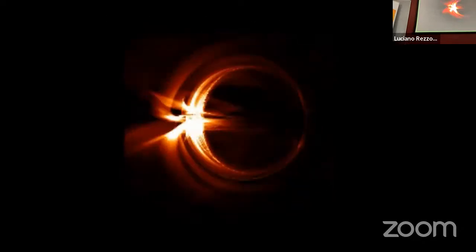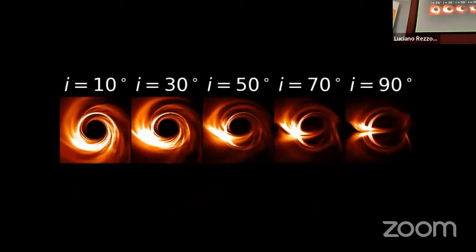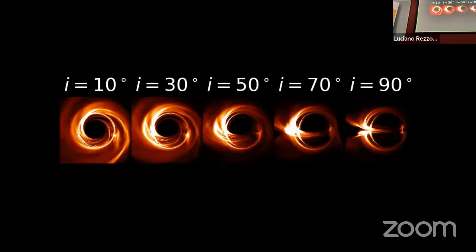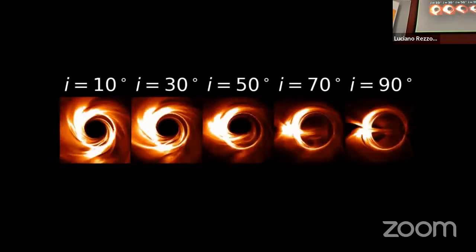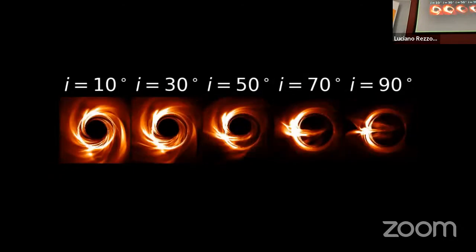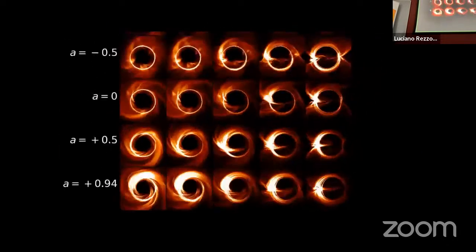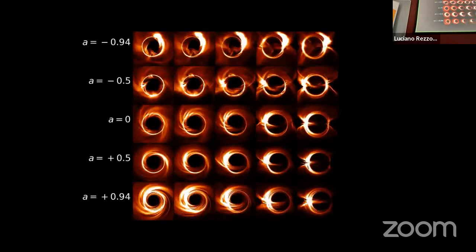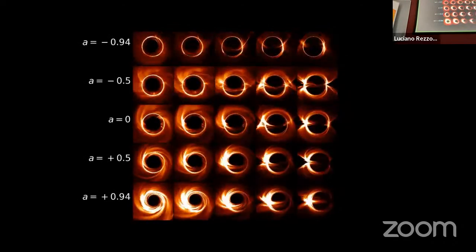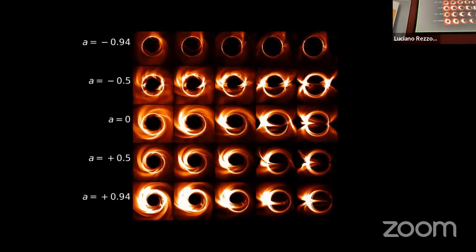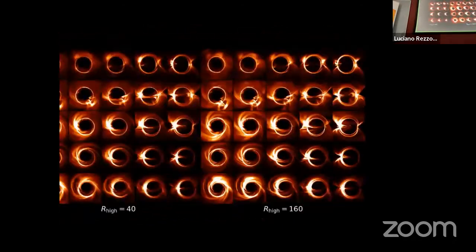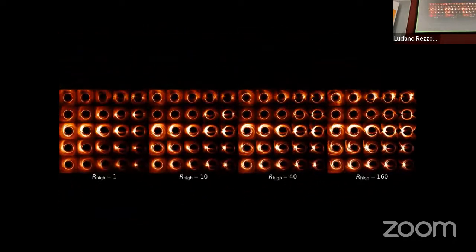So just to give you an example of how this works, you take a black hole. This is actually our best bet model. You look at different inclinations. So this is edge on, this is almost face on. Then you have different spins. You can see that the same object will produce very different images. You can play around with the electrons.